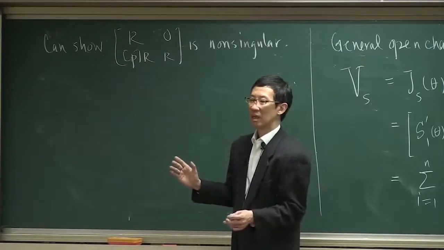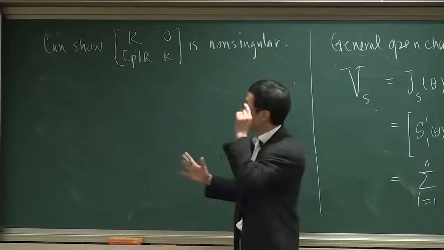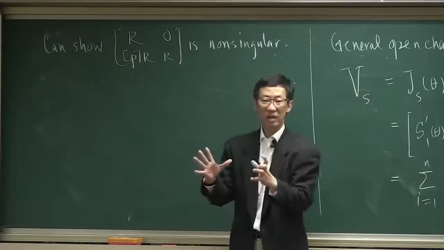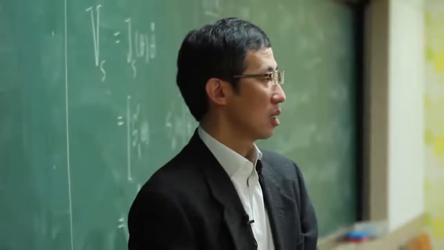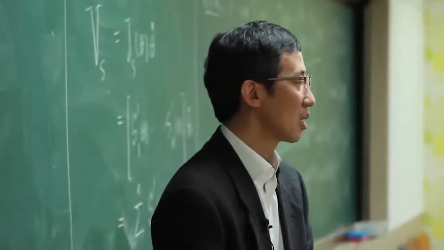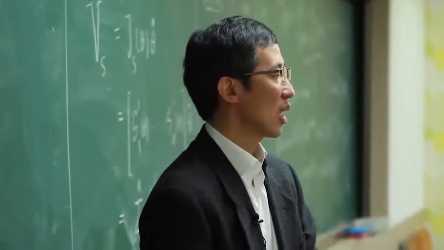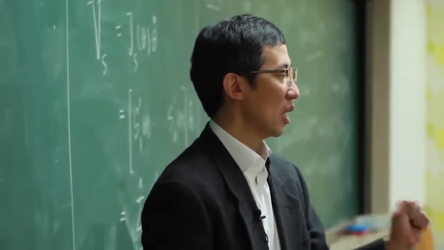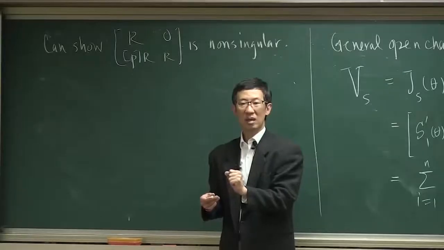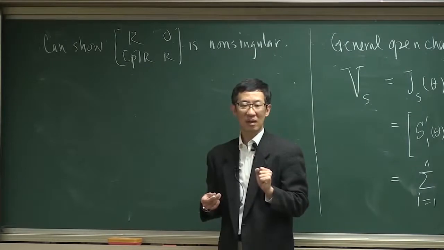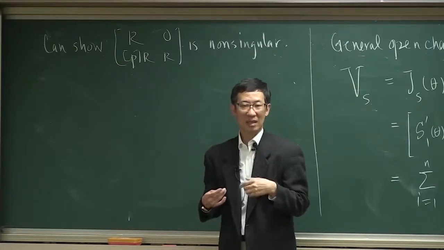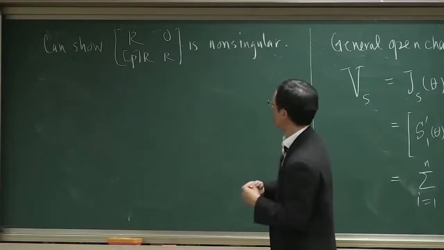That's one way. Other ways to show, right? How do you show a square matrix is non-singular? Well, let's call the matrix A. If you can show that the solution to A x equals 0 is uniquely x equals 0, then A is non-singular.